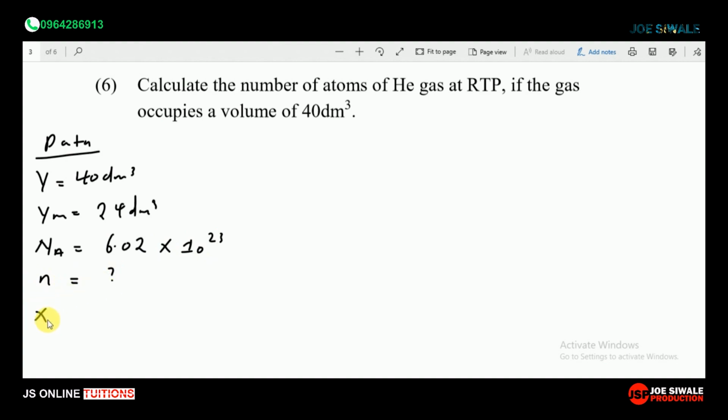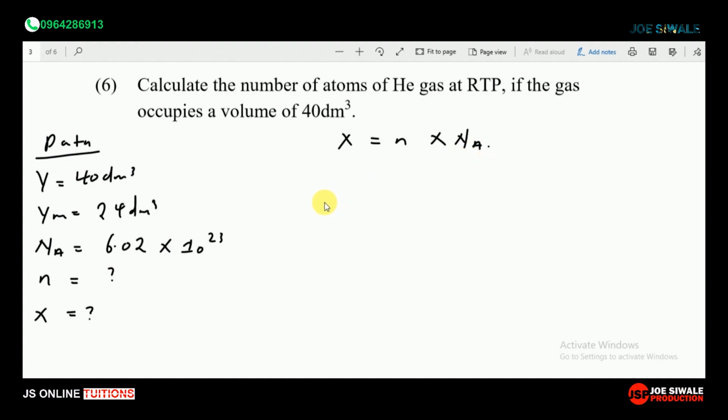We also don't know the number of particles. And we know that the formula we had said earlier for calculating number of particles is the number of particles is equal to number of moles multiplied by the Avogadro's number, or the Avogadro's constant.